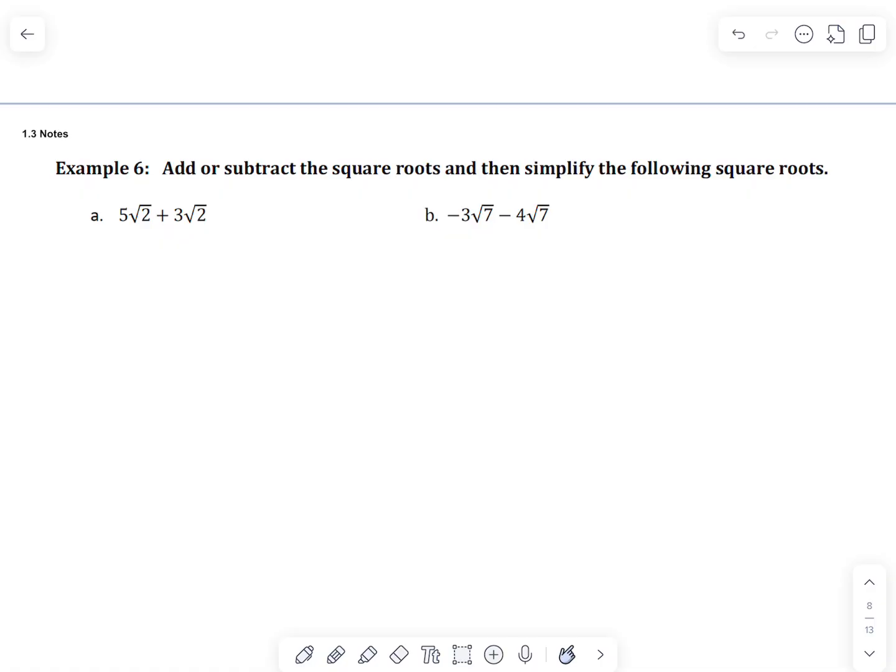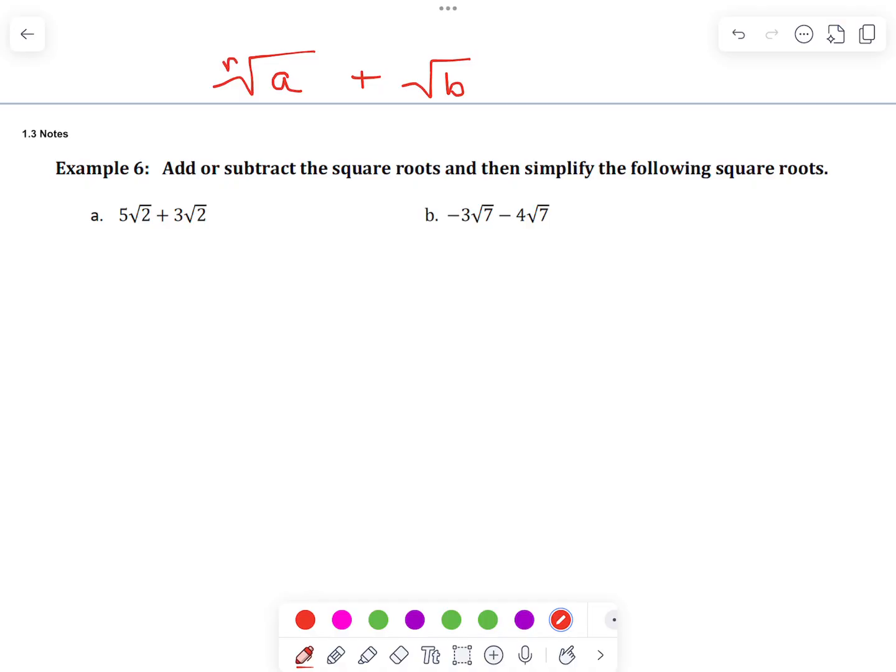All right, our last type of problems today is to be able to add and subtract square roots. Now, to be able to add and subtract square roots, you must have like radicals. So here's what I mean. If you have the square root of, let's say, an A here, plus the square root of a B here, the indexes must be the same. Here's an index and that index. Those two indexes, the n's, must be the same.